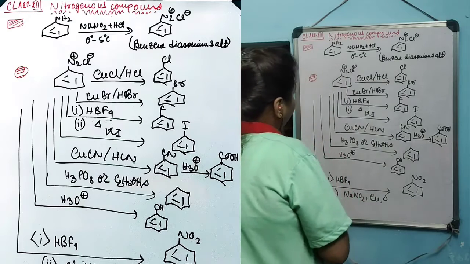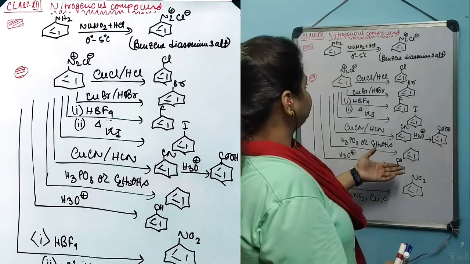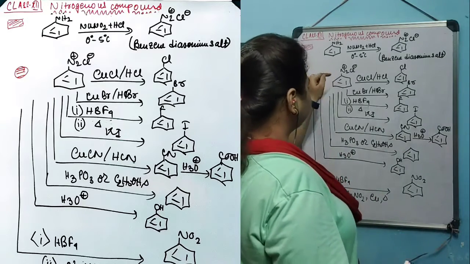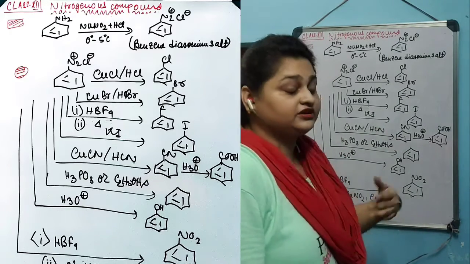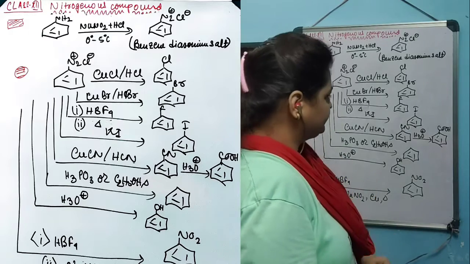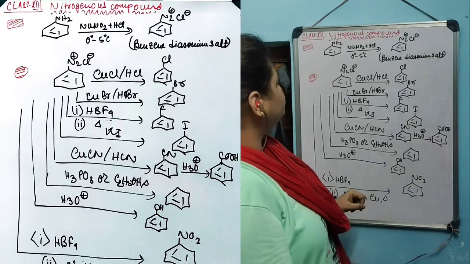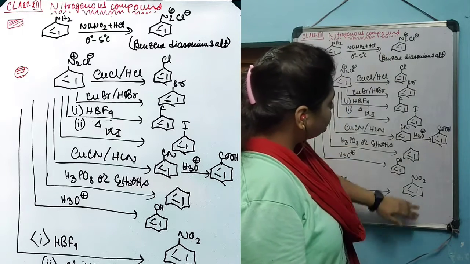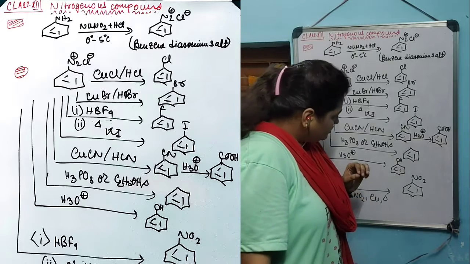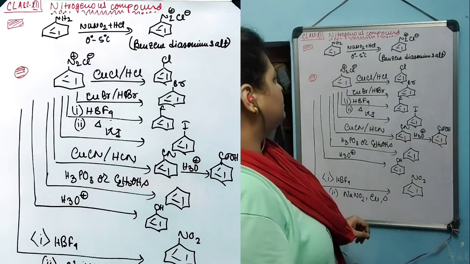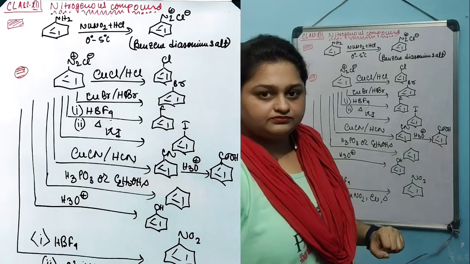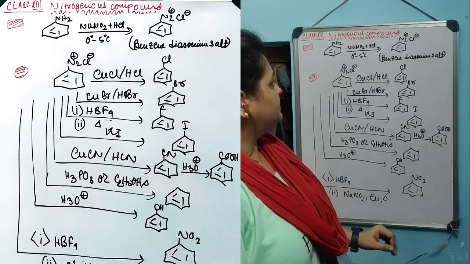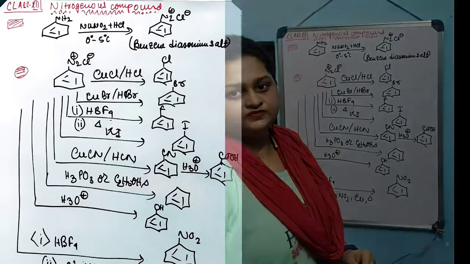So, we have studied the formation of amine from nitrobenzene, and from amine via the formation of benzene diazonium salt we can also form nitrobenzene. This is the usefulness of benzene diazonium salt, because lots of important aromatic compounds can be formed via this method. That's why this is a very important reaction of amine.